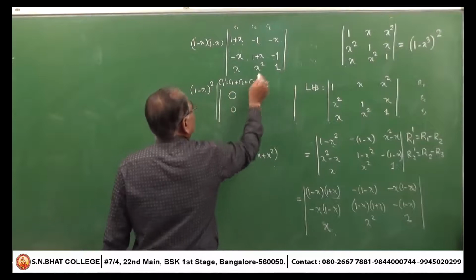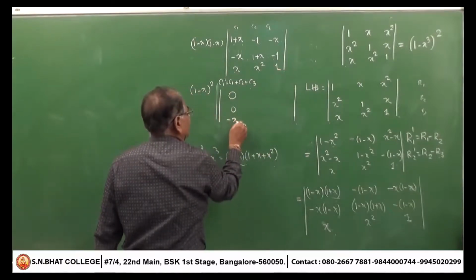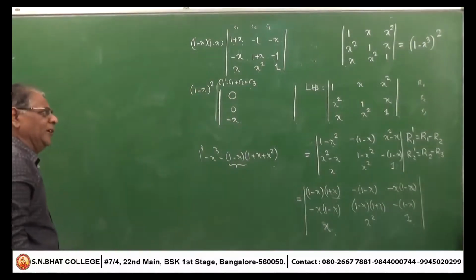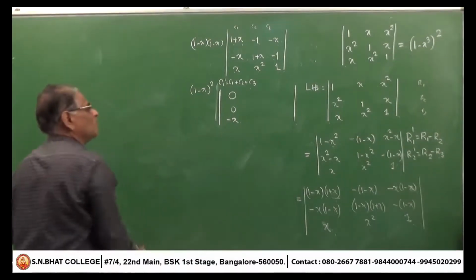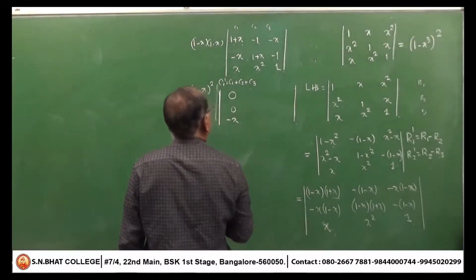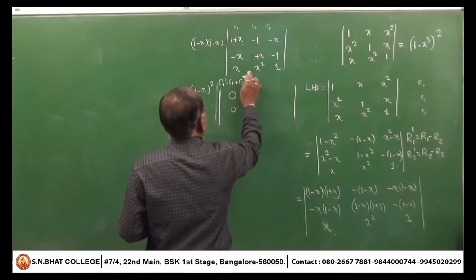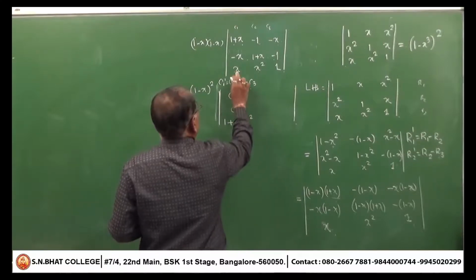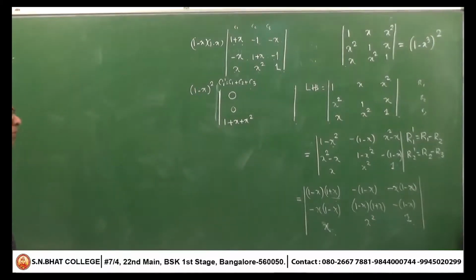Third column, minus 1 plus 1 get cancelled, you are left with minus x. Here, if you add the three columns, this plus this is 1 plus x square.